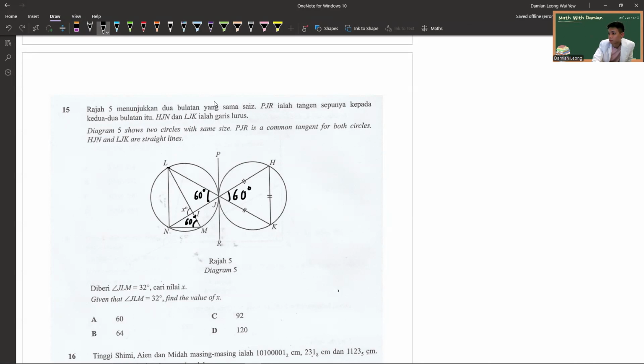Then angle JLM, this angle is 32 degrees.